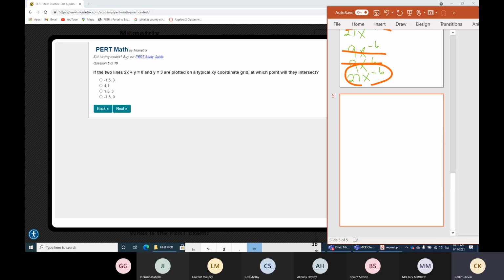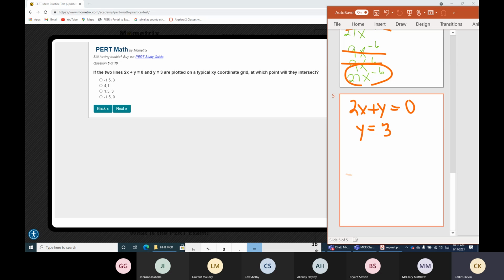We've got 2x plus y equals 0, and the other one we just have y equals 3. So what we have here, we have a line, and then we have a horizontal line at y equals 3. So here's our answers.